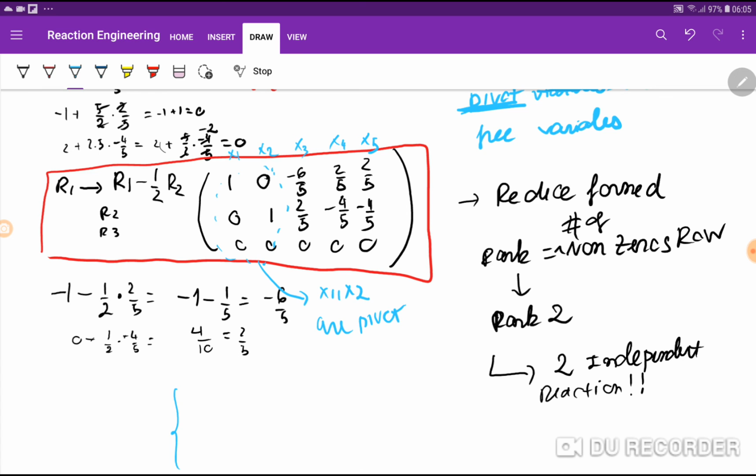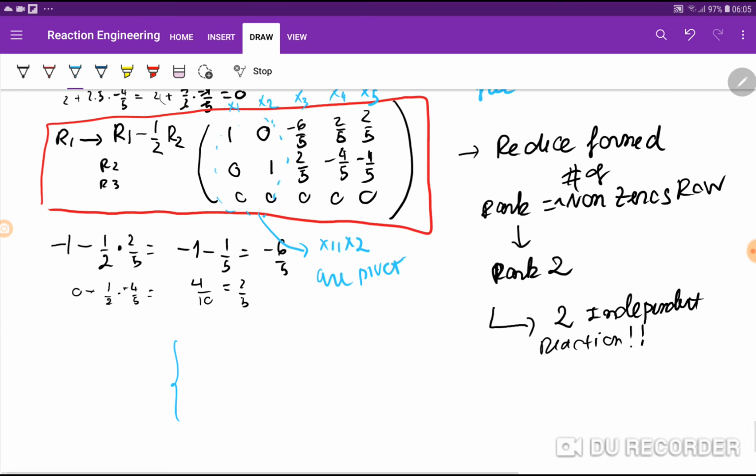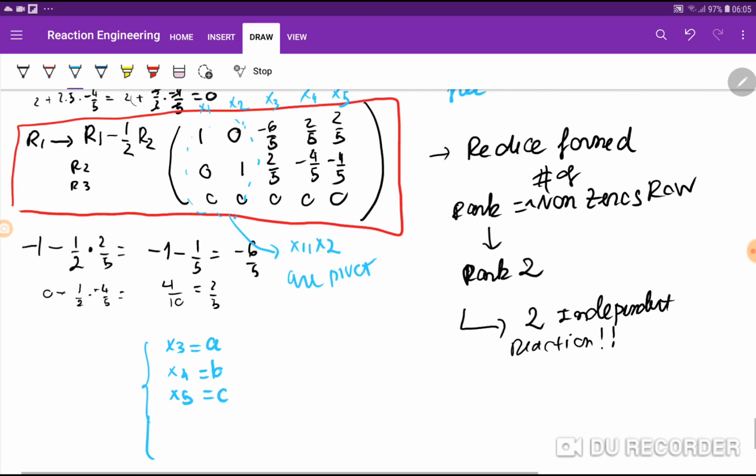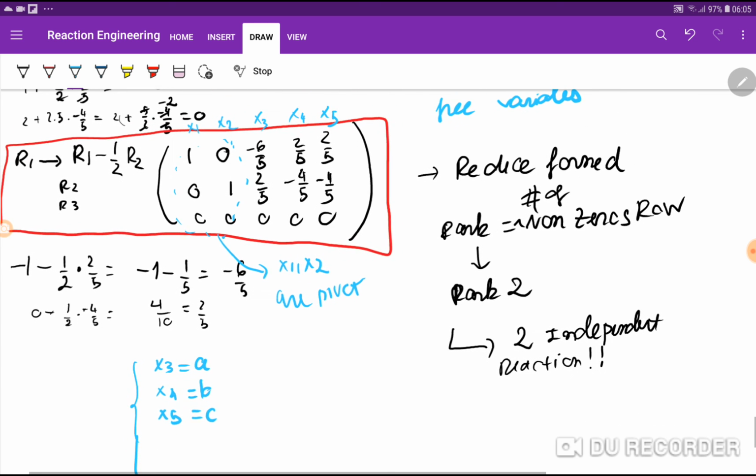Okay, actually, yeah, so what it means is x3 you can set equal to a constant, x4 you can set equal to a constant, any constant. And x1, x2 you can calculate via x3, x4, x5.